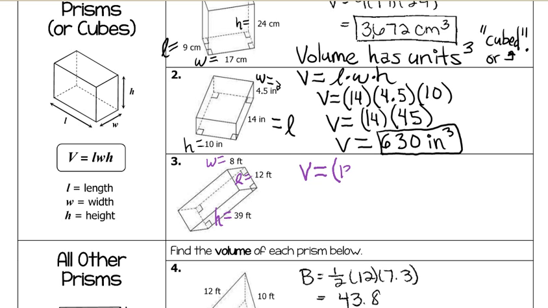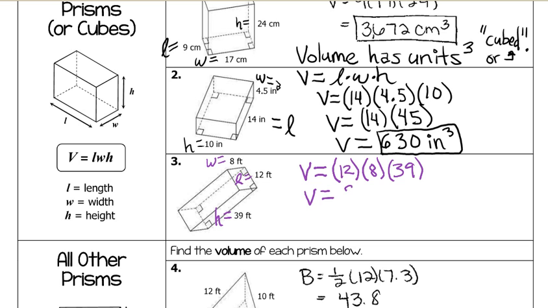Write it down. Now 12 times 8, I think it's 96, but we're going to double check just to make sure. Let me write it down, 96, if not I'll erase it. Let's see, parentheses, times 39.